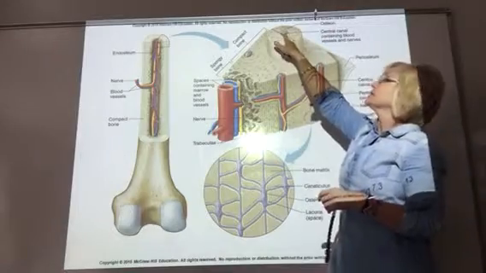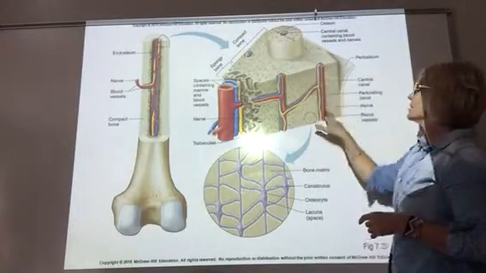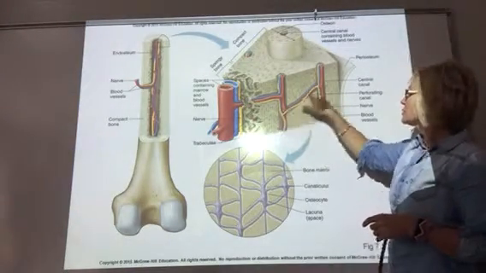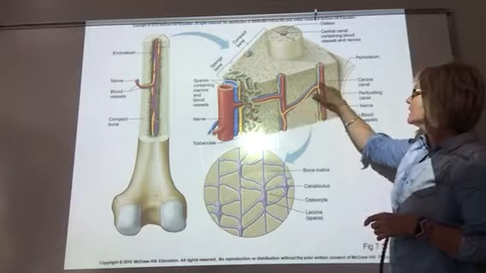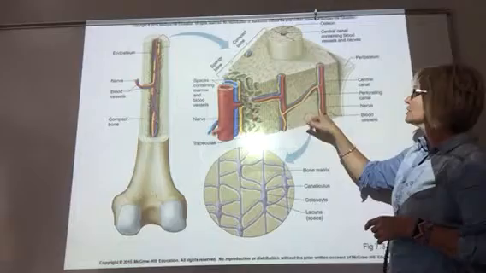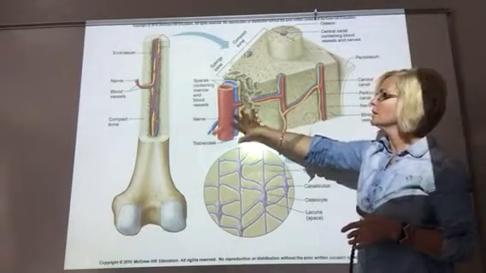So inside the center of every osteon is my blood vessels. That's my central canal or Haversian canal. My transverse or perforating canals run sideways, and they're going to go from one central canal to another.